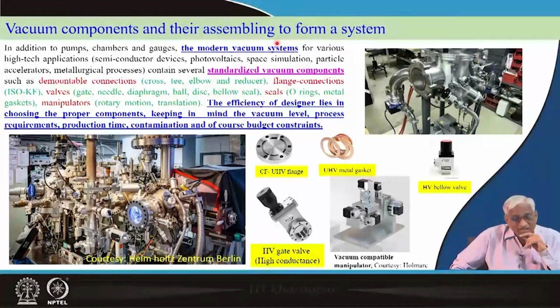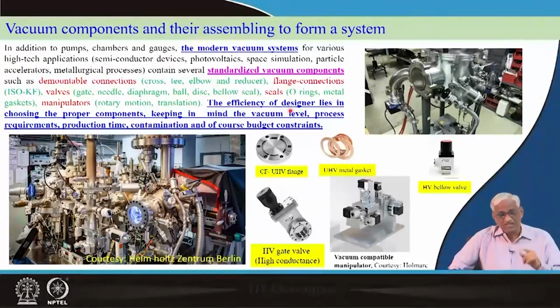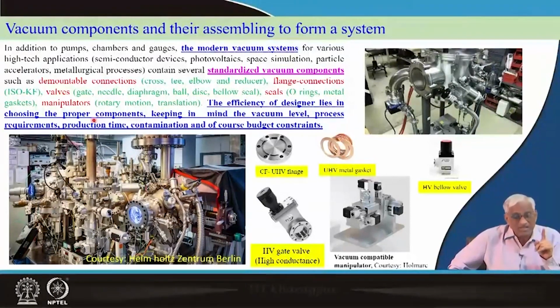While doing all that, the efficiency of the designer, I repeat, lies in choosing proper chambers, proper components, keeping in mind the level of vacuum, the process requirements, its physics, its chemistry, its flow rates, its loading, its contamination issues, etc. Then production time, downtime for repair, contamination issues, and of course, finally, the budget constraints.